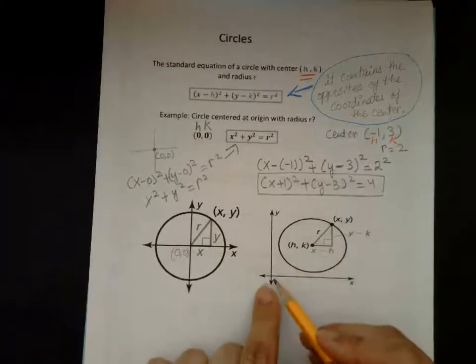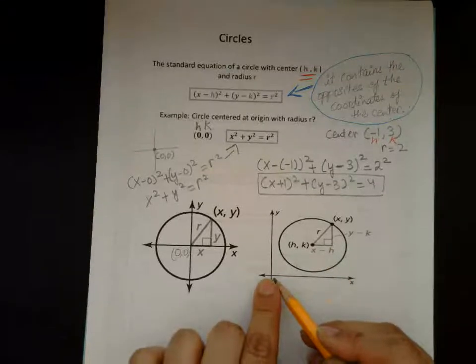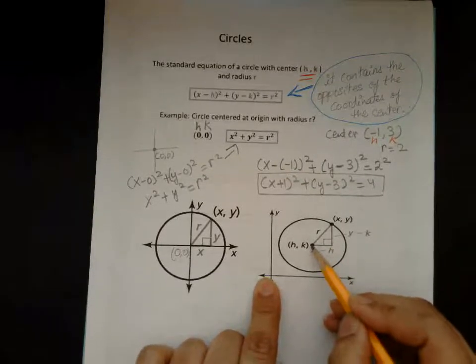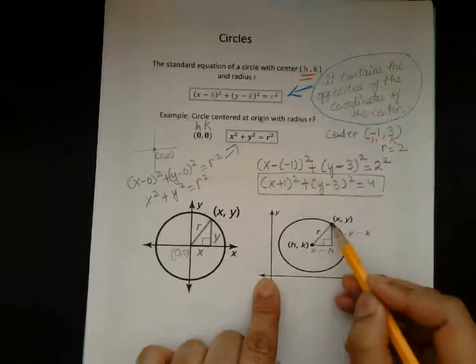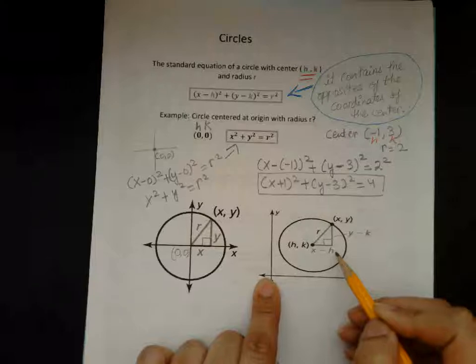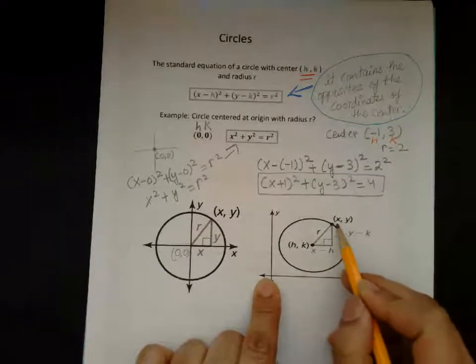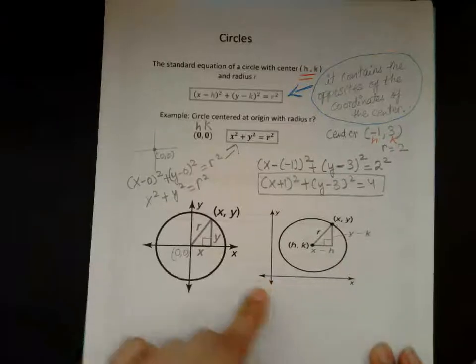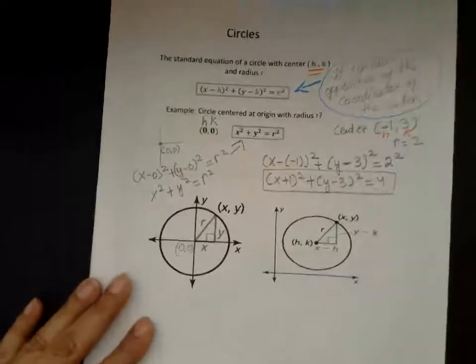This is a graph where the circle is not centered at 0, 0. That means the center is at h and k, r is the radius, one leg, another leg, the x-axis and the y-axis.